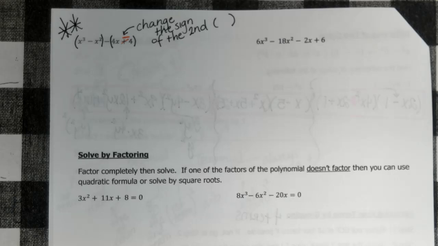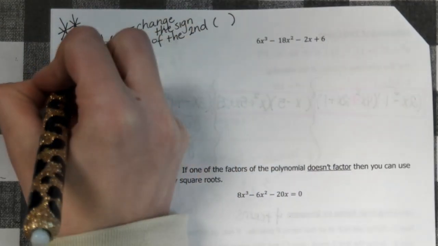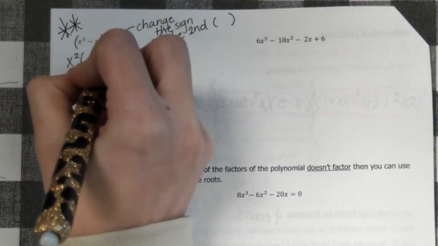Think about when you were subtracting polynomials. You know how you change the sign to everything that comes afterwards? Now it's like you're doing the same thing, you're just taking out the negative. So it still changes signs. I'm still doing the same process though. If I'm looking at x cubed minus x squared, what can I take out? X squared. When I take out x squared, what am I left with?